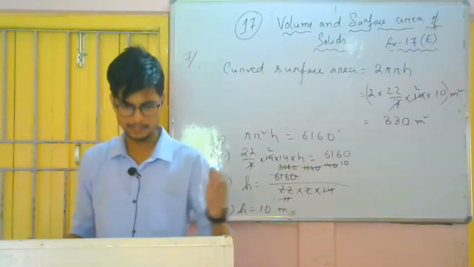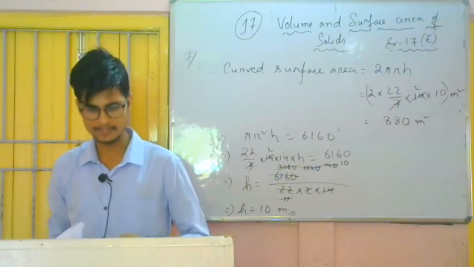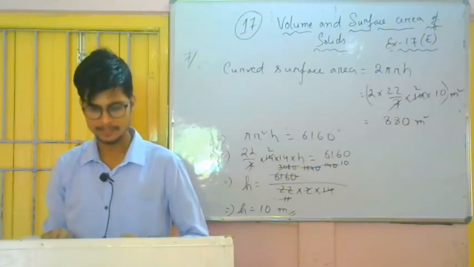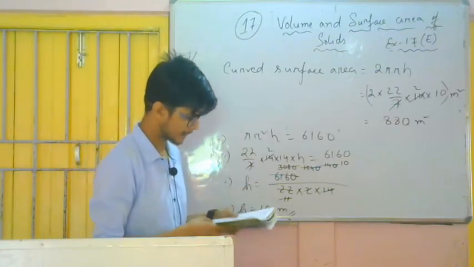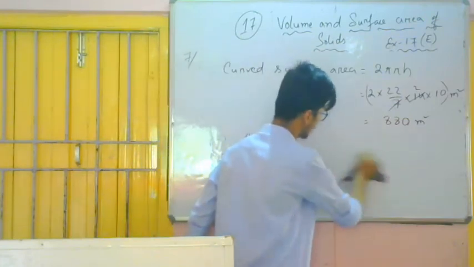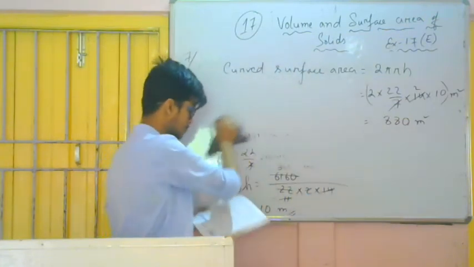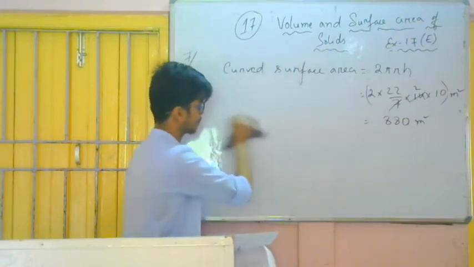Now this part is finished. Now the question is to find the cost of painting the curved surface area at a rate of rupees 3 per square meter. You see it is given here rupees 3 per square meter. So that means cost of 1 meter square is rupees 3. So cost of this 880 meter square will be 3 into this one.